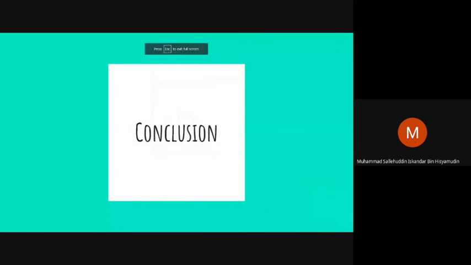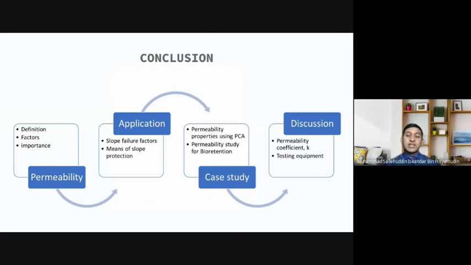My name is Muhammad Sallehuddin Iskandar bin Hishamudin, and I will be concluding the presentation. On the first chapter, Introduction, we talked about the definition of permeability, factors of permeability such as water properties and soil properties, along with their subtopics, and also the importance of permeability.